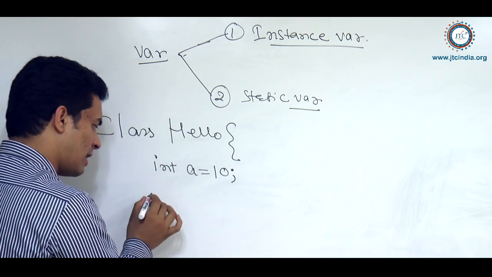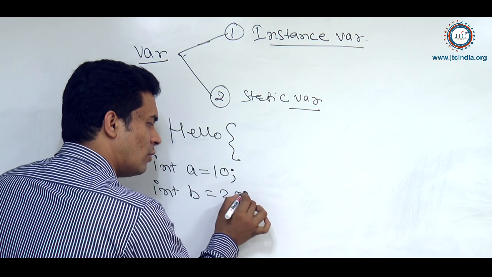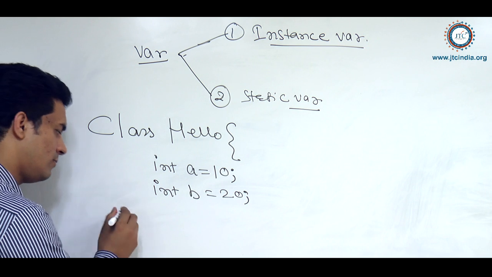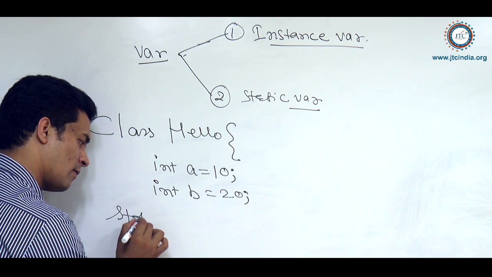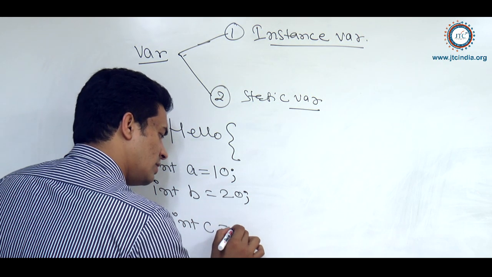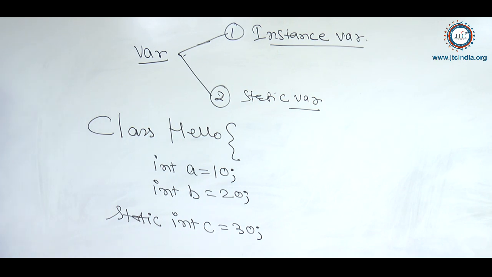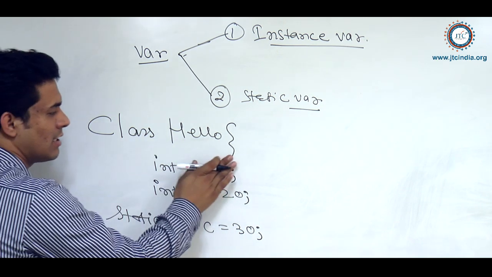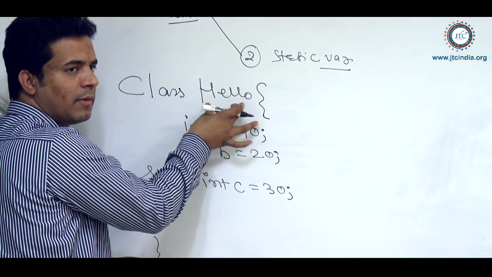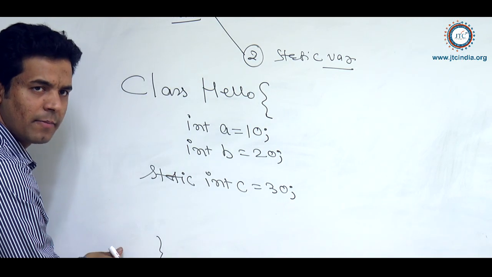Suppose one more variable I am declaring, int b = 20, fine. And static int c = 30, fine. See, this is your class starting, the name of a class. We have started this class and here we have ended this class, right?